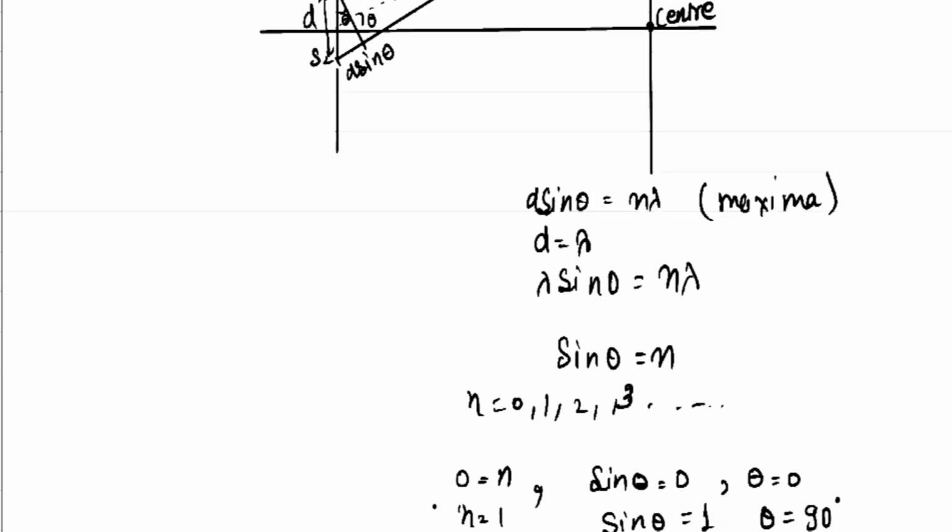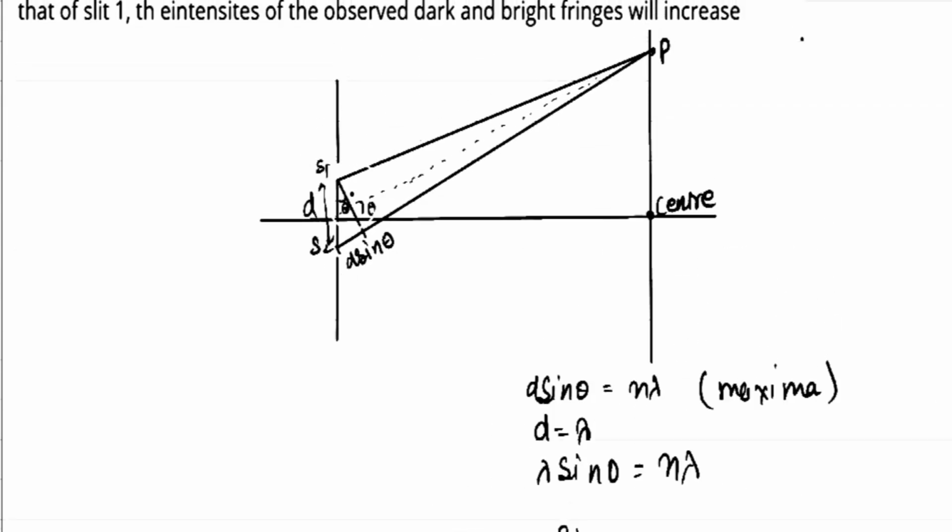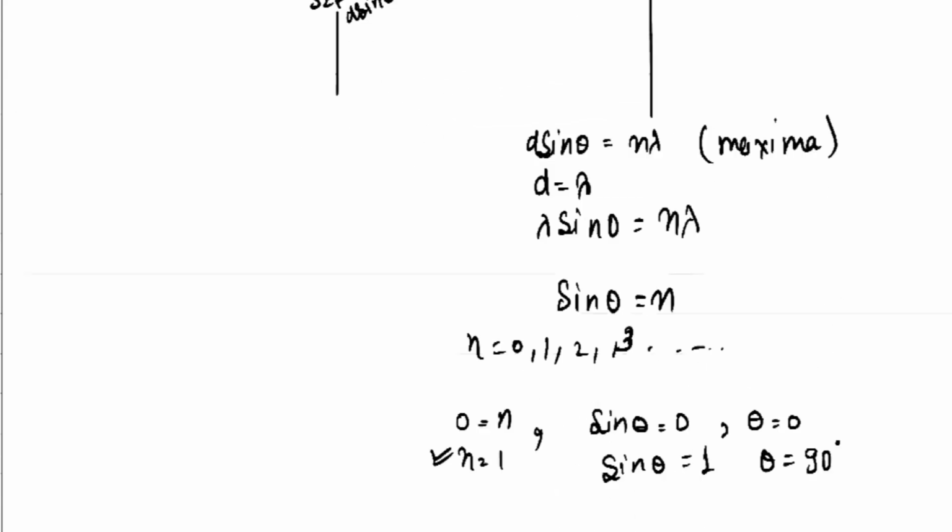If we take this case of theta equals 90, the lines are parallel to the slits, so it is impossible in the real case. So the only case which is practically possible is the first. So theta equals 0 is possible. From here we can say the maximum value of sin theta is 1.